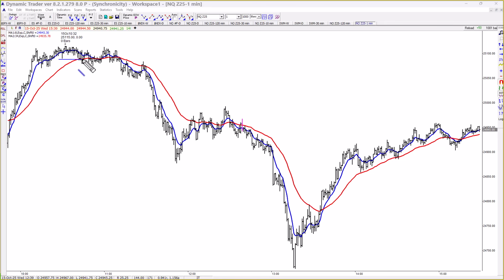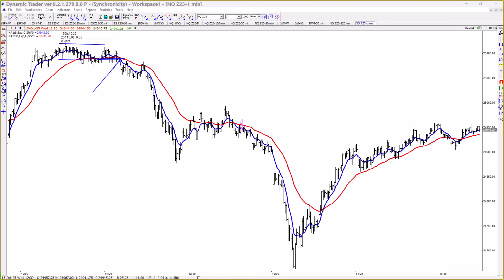We took out a prior swing low, and then we also had the moving average crossover right over here. Okay, so we had the 834 EMA cross to the downside.